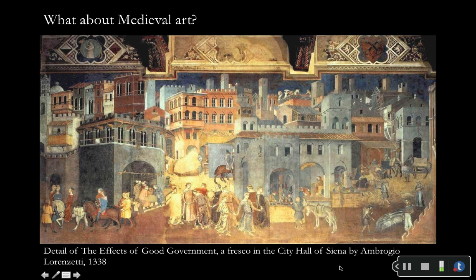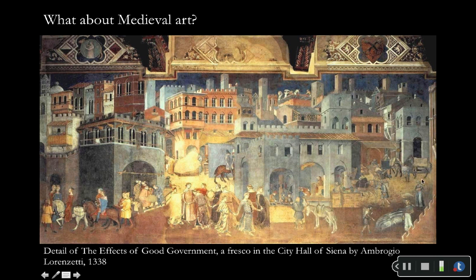And if you look here, what do you see? Does it seem like this city is laid out in a realistic fashion? You might say no. And so if we look around, all these buildings are kind of scattered. They're overlapping one another in unrealistic ways. Their renderings of the human body are not quite right. Proportions are slightly off.